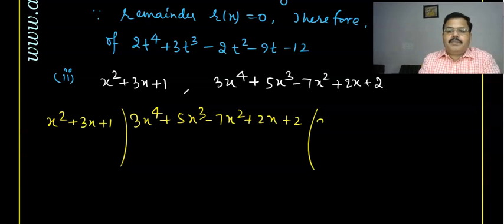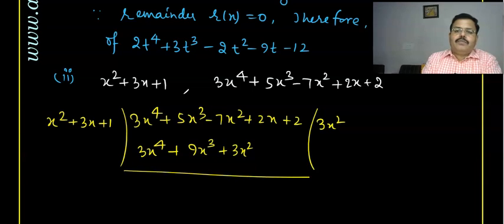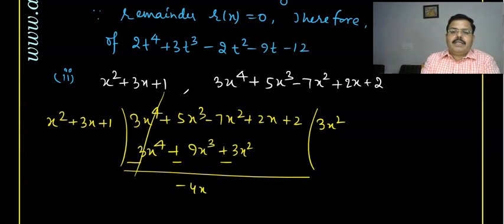So what will happen? 3x square is the first term, so it will be 3x4 plus 3 3s are 9x cube and plus 3x square. Now the sign will change, minus minus minus, so these two will cancel out. Minus 9x cube plus 5x cube is minus 4x cube, and minus 7x square minus 3x square will become minus 10x square plus 2x plus 2.